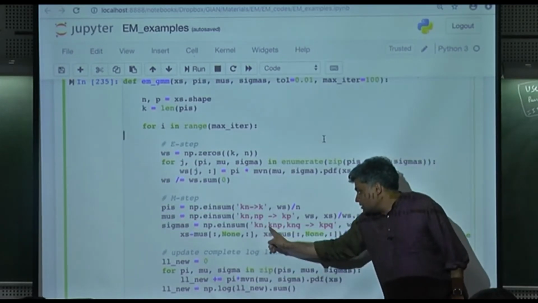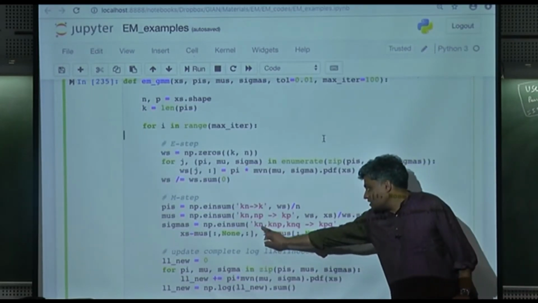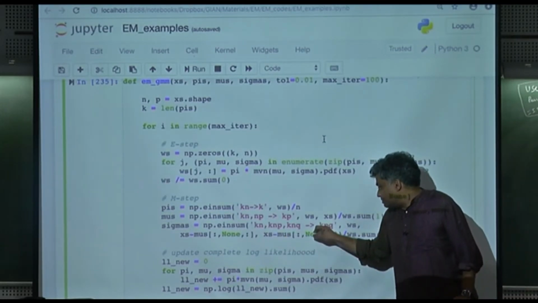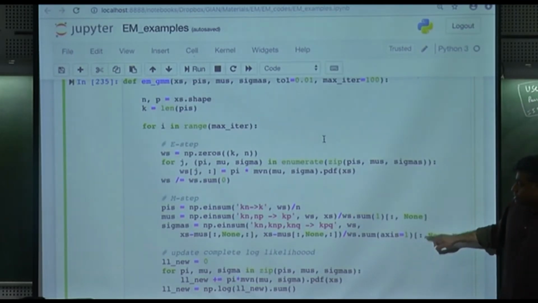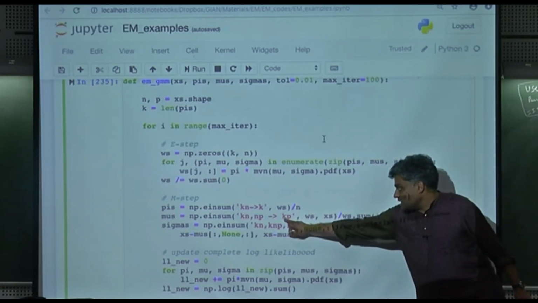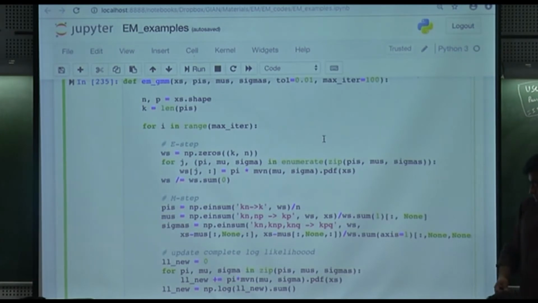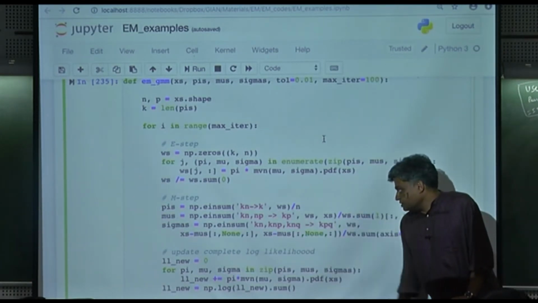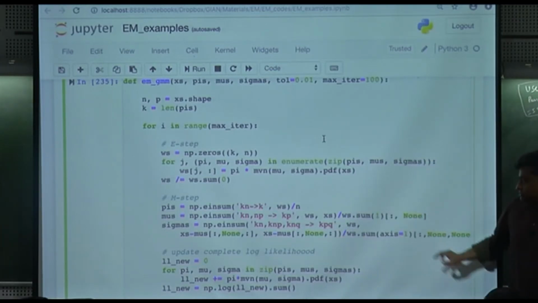The n, which is being repeated here, will be summed over. So at the end you will get a matrix of k times p times q, which is all the sigmas that you want. These are the mu's, which will be of size k times p, because there are k classes, and each of them is p dimensional, so you end up getting that, and this is the matrix.